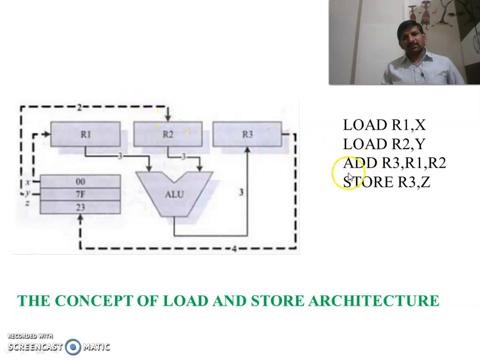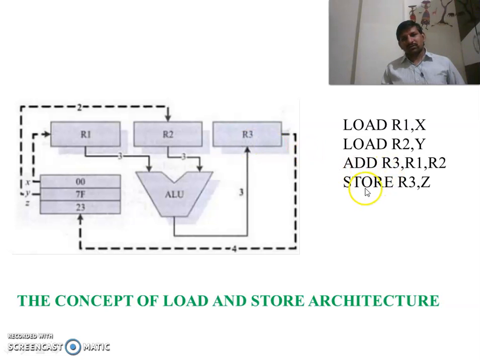Next, add R3 comma R1 comma R2, which means adding the R1 and R2 register contents. Here the R1 register content and R2 register content are added in the ALU, the arithmetic and logical unit. Next, the result is stored into the R3 register. For example, adding the R1 content with the R2 content, 00 plus 7F, and the result is stored into the R3 register.